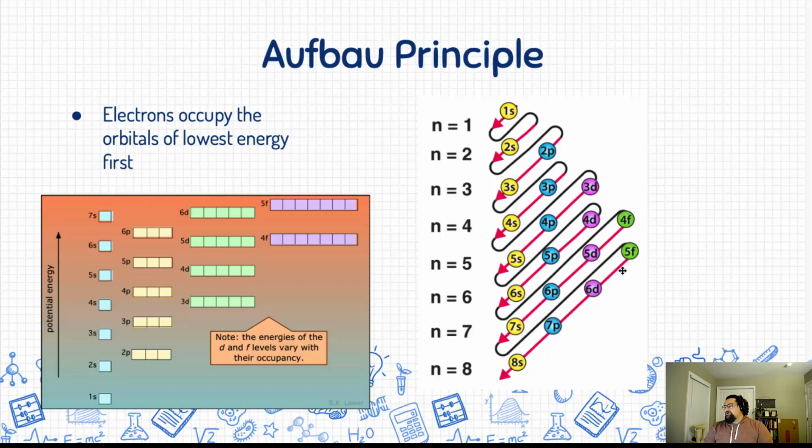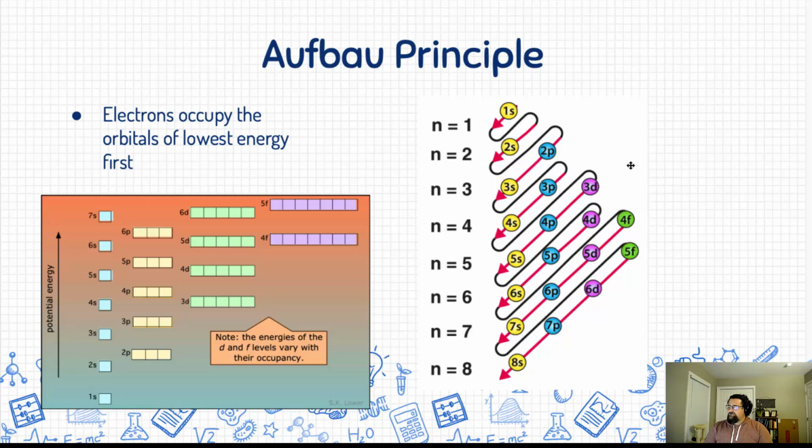All right? Well, what you do is you take a diagonal line and you just draw it down, the 1s, then the 2s, then the 2p into the 3s, then the 3p into the 4s. But now we don't go to the 4p because now we hit the 3d, then the 4p, then the 5s.